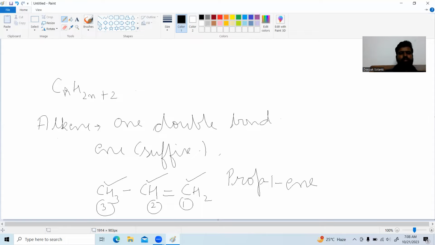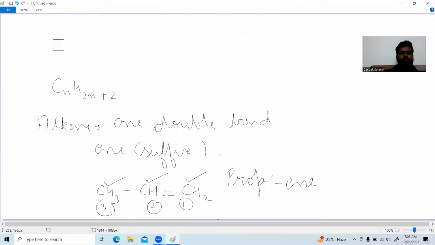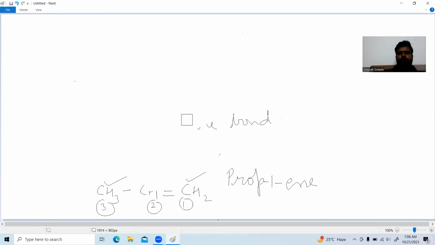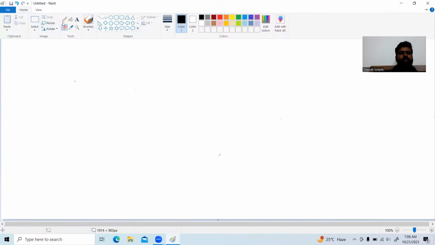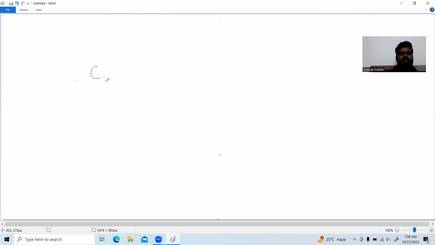That doesn't matter. If more than one numbering is possible, we have to write it. If it is 1, there is no need to write it. So we can say this is the alkene. It is also a type of hydrocarbon. So the general formula of alkene is CnH2n.